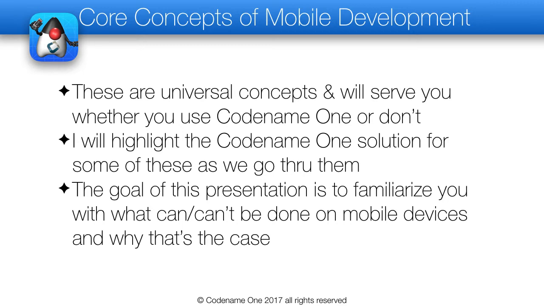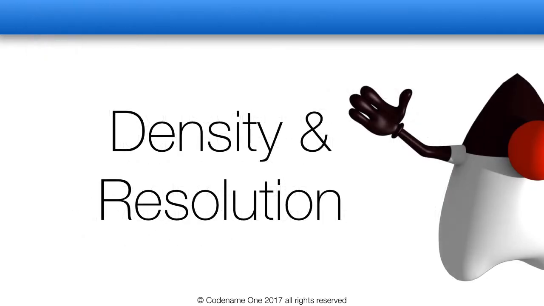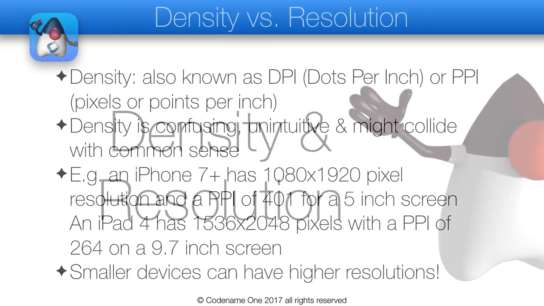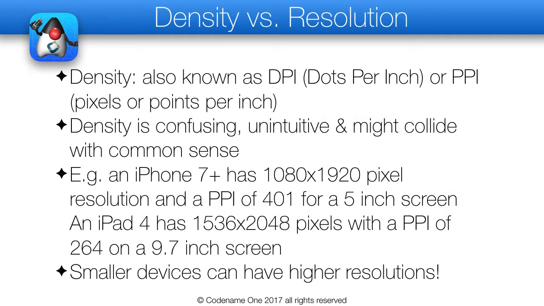So the first thing I want to talk about is density, because most of us know about density and device resolution to some degree, but even people who know what density is, I sometimes run into the unintuitive nature of this particular problem.